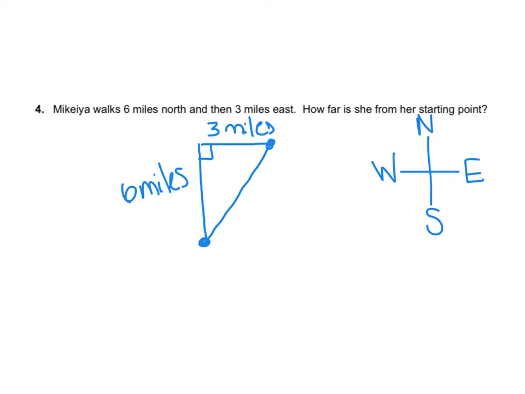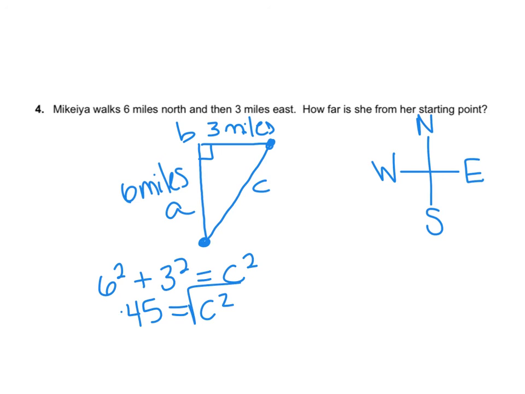This is a right triangle, and we're looking for our diagonal, which is the hypotenuse. So let's make this our A, our B, and our C. So 6 squared plus 3 squared is equal to c squared. And that's going to give us 45 is equal to c squared. And we do not want c squared, we want the square root of that.